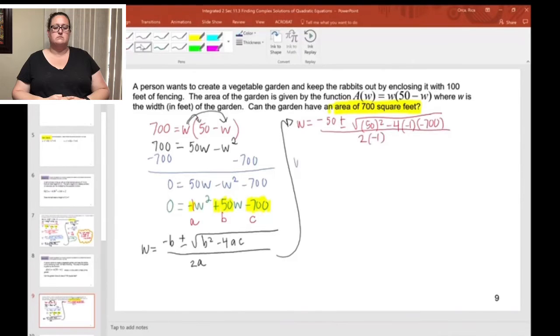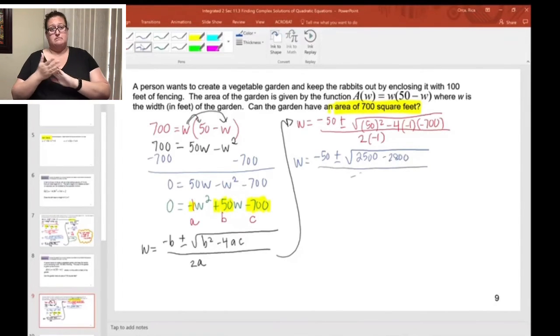Keep going, class. w is equal to negative 50 plus or minus the square root of 50 squared, which is 2,500, and negative 4 times negative 1 times negative 700 is negative 2,800, all over 2 times negative 1, which is negative 2.